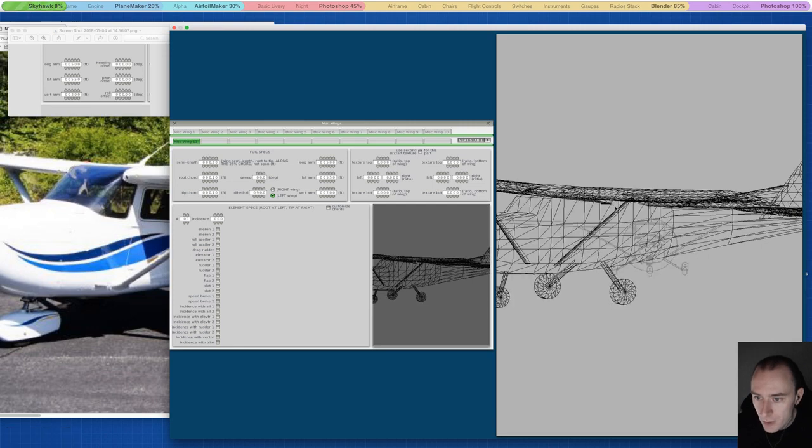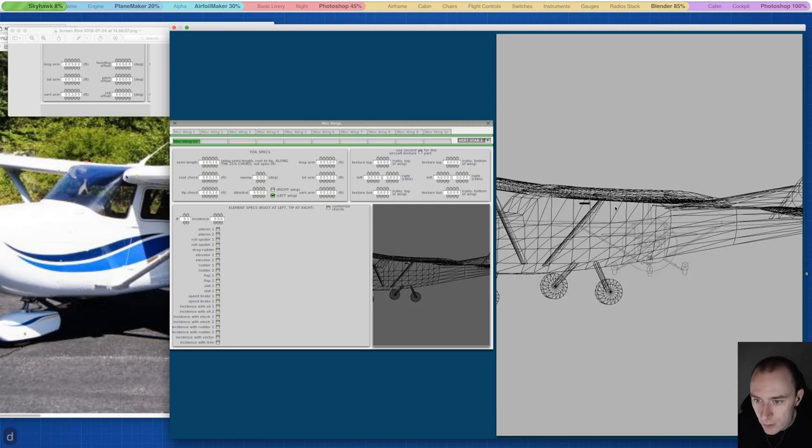Okay, but it should be a little bit longer. Oh, it goes up. Yeah. So then the vertical arm should go down.